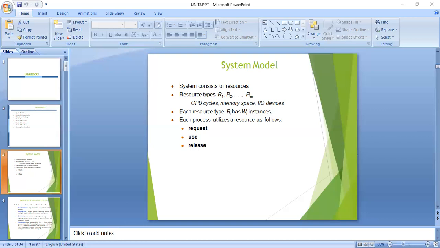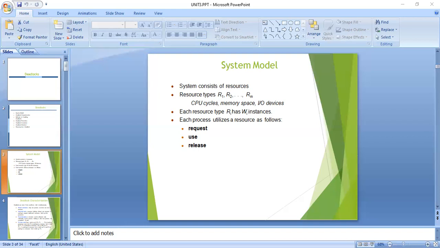If one program wants to request a resource, first it has to send the request message. If the resource is available, then the operating system will provide the resource. Else, if the resource is not available, then the request will be in waiting state, that is, the process will be waiting until the resource is available.